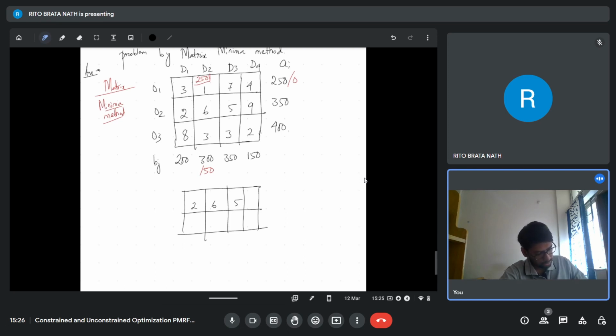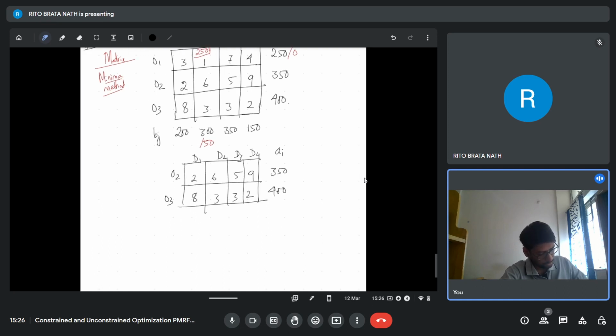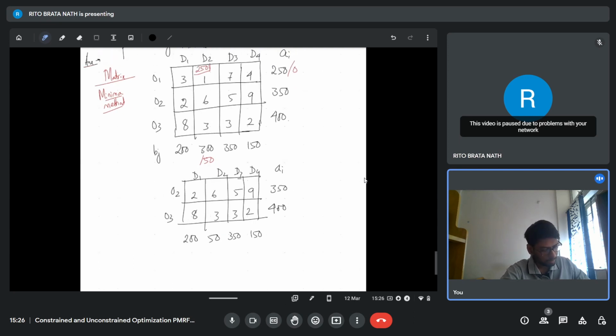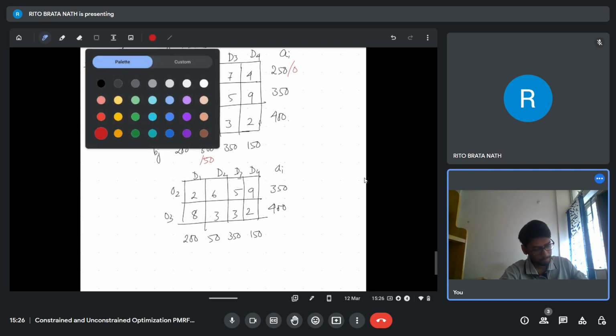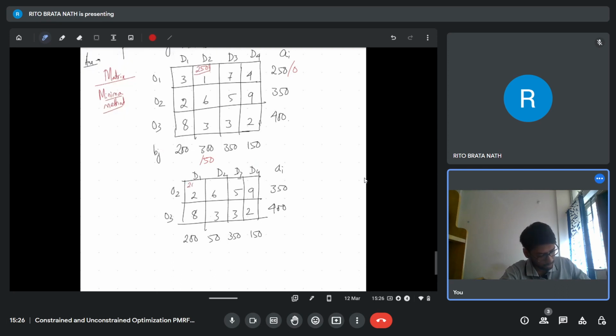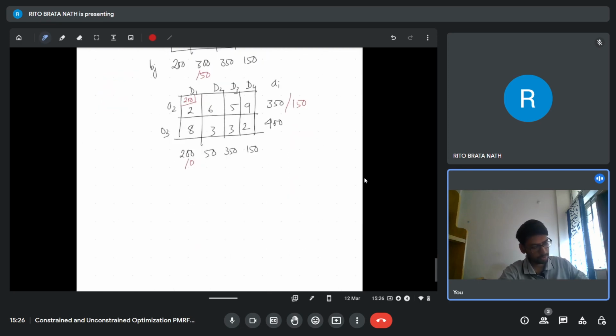This is O2, this is O3, D1, D2, D3, D4, AI. So this is 350, 400, and this becomes 250, 350, 150. Again, the minimum entry is 2 here, but it occurs at multiple places, but you can break ties randomly. So let me pick the northwest point here again. So you can allocate the minimum of 200 and 350. So let me do that. This becomes 0, this becomes 150 and delete the first column.